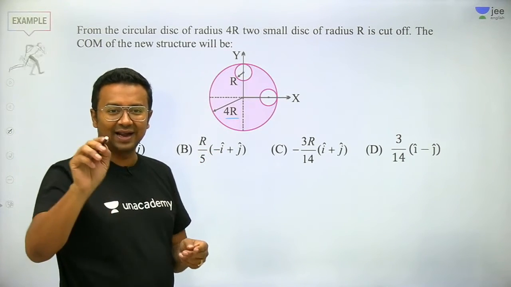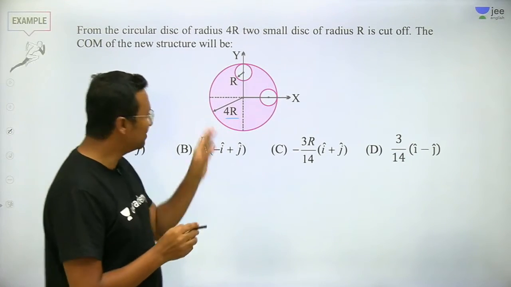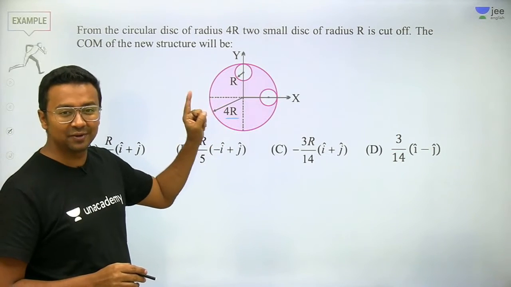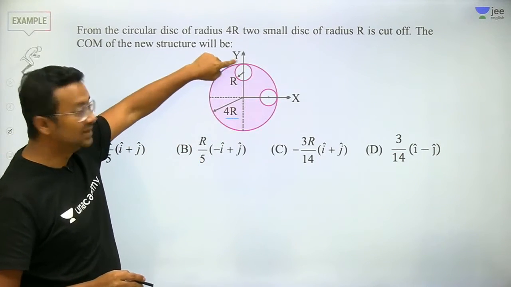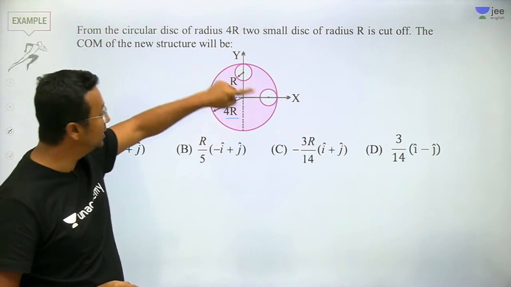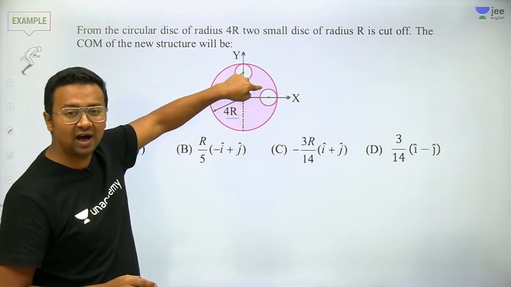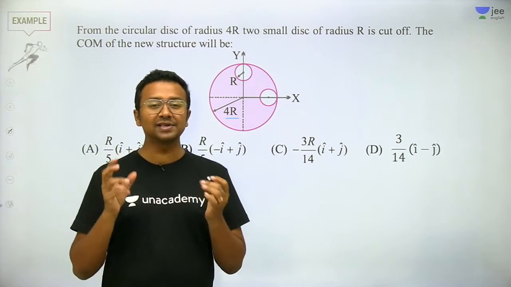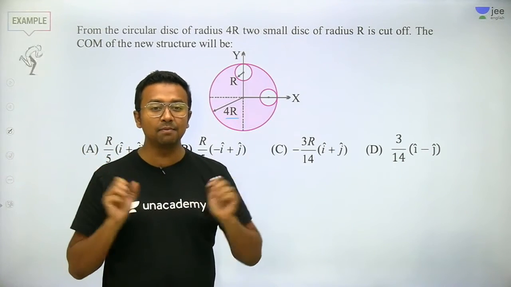Okay, I'll tell you how we will do that, but some ink I'm going to put out here in order to explain the question. See, there is a circular region of R removed from this portion and a circular region of R removed from this portion out here. We need to find out the center of mass of the remaining portion.